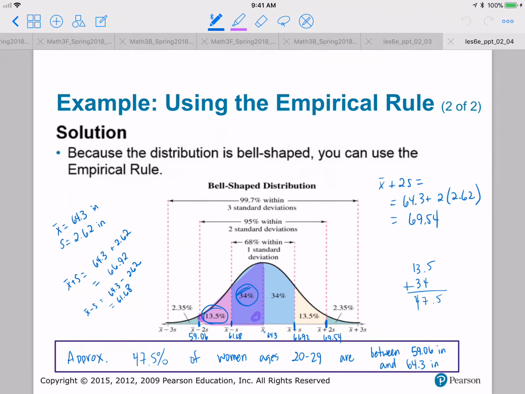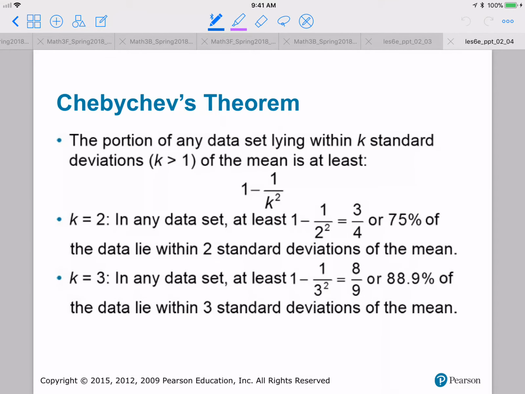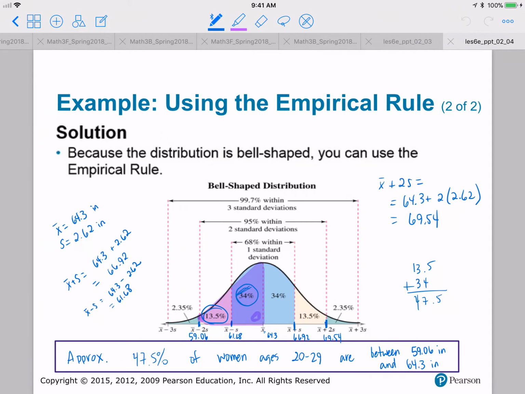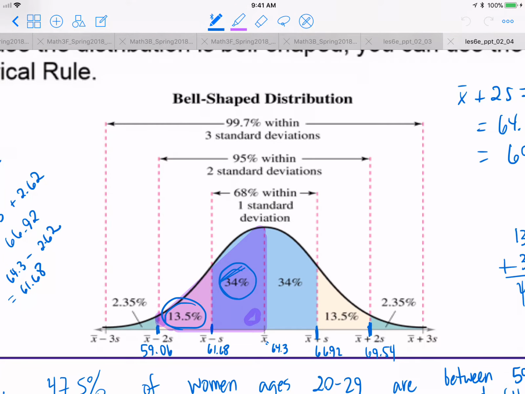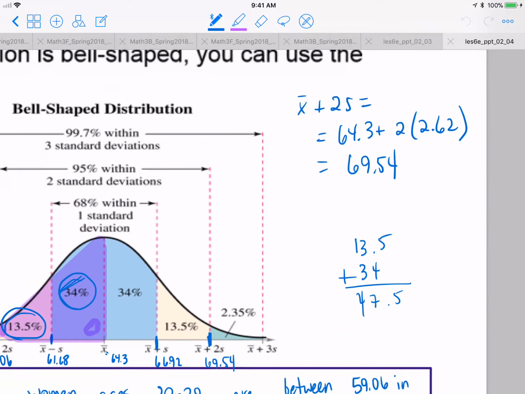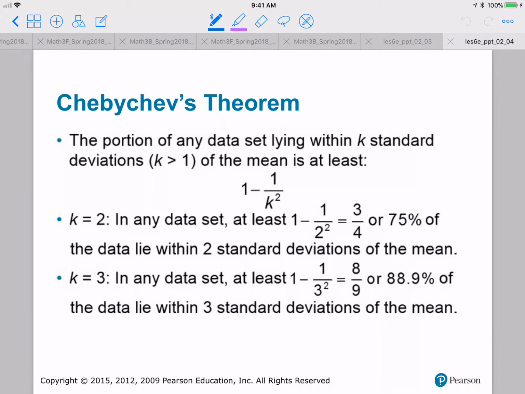Now let's look at Chebyshev's theorem. Chebyshev's theorem kind of gives us a better estimate than the empirical rule. The empirical rule only counts by full standard deviations away from the mean. Chebyshev's theorem allows us to look at k standard deviations away from the mean, where k is greater than 1.